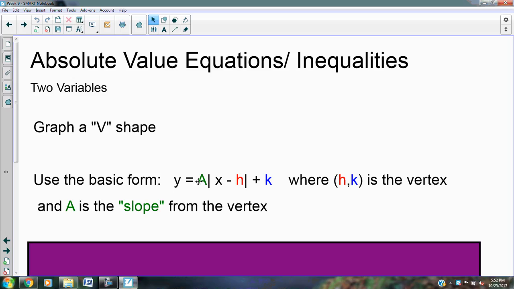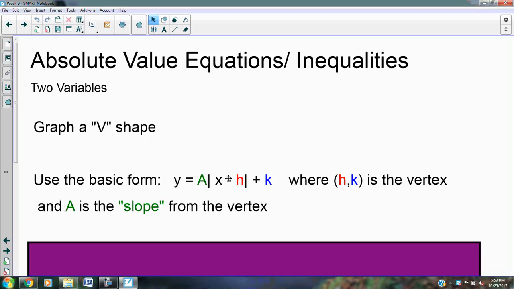Now, our absolute value equations using two variables will follow the basic form of y equals a times the absolute value of x minus h, and then at the end there'll be a plus k. Okay, now notice minus h here and plus k.